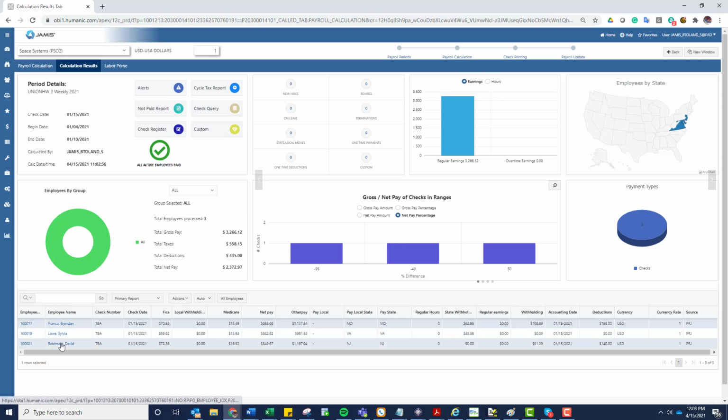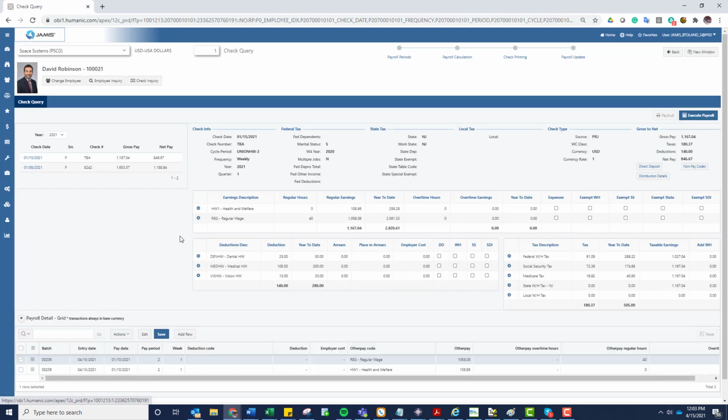So if I go to David here, David is kind of the easiest example of a rule set. Whenever he gets paid for health and welfare, if he has an additional amount, if he has more than his cost, he has additional net pay. So he's just being paid in cash for any differences when he makes more money than his cost.